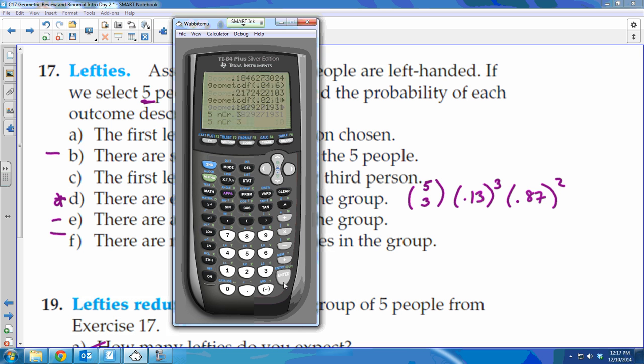So you would do 3, so there's 10 combinations, and you multiply by the probability you're trying to achieve. And we get 0.0166, right?